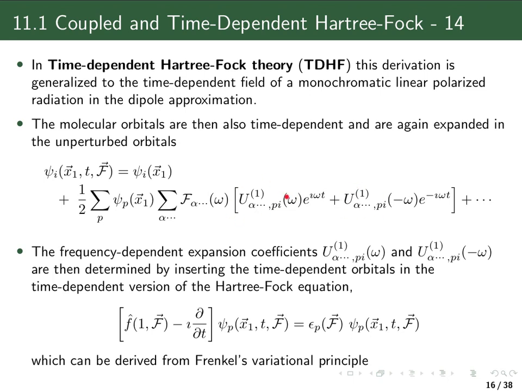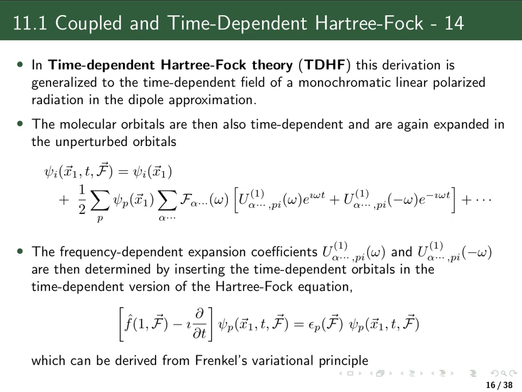But now they are also frequency dependent, and we have two terms. Again, we have one with the positive frequency and one with the negative frequency, because we expand the frequency dependence of the field, which normally would be cosine omega t, again using Euler's relation in the exponential with positive frequency and with a negative frequency.